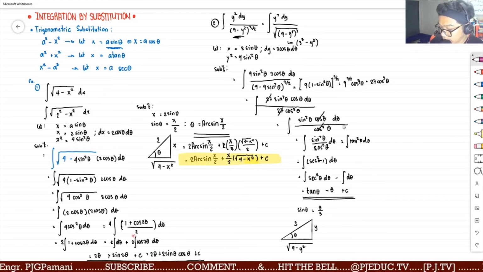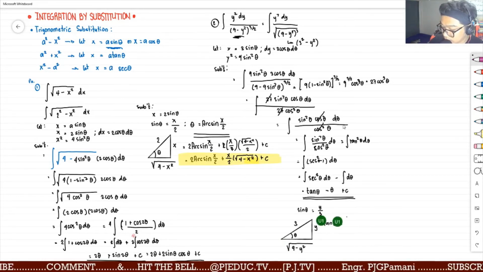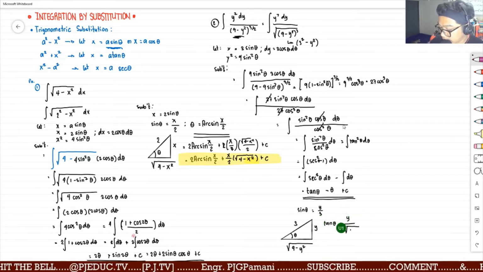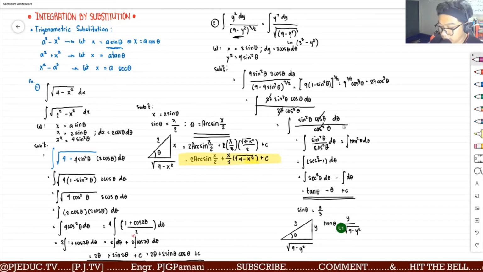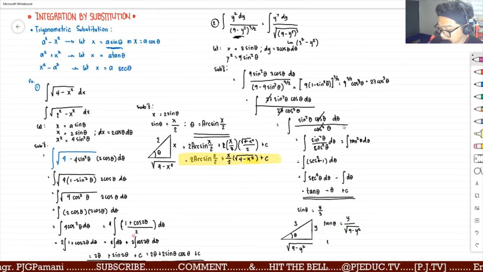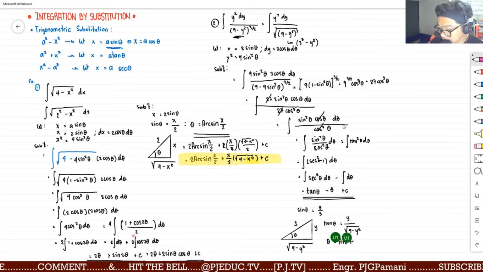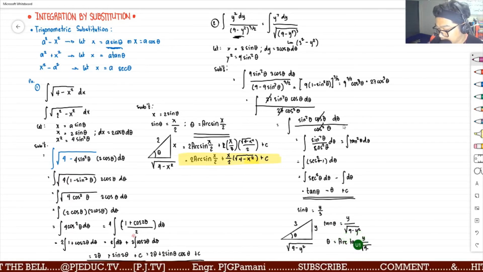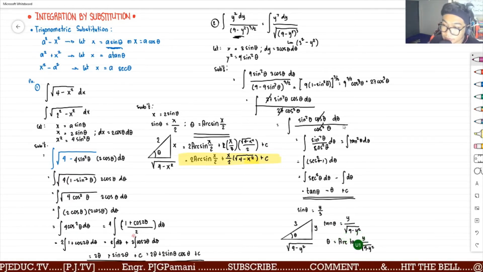So, with that, tangent theta can be expressed as y over square root of 9 minus y squared. Or theta is equal to arc tangent y over square root of 9 minus y squared.